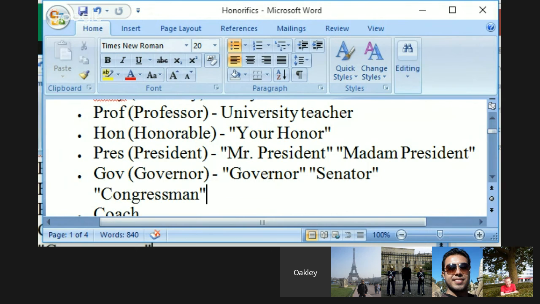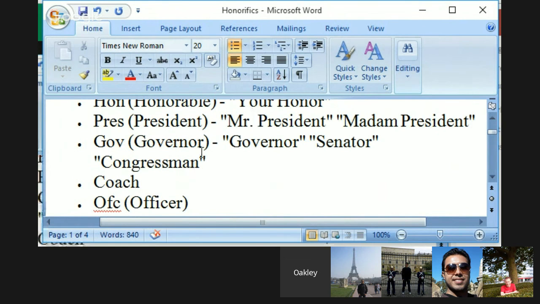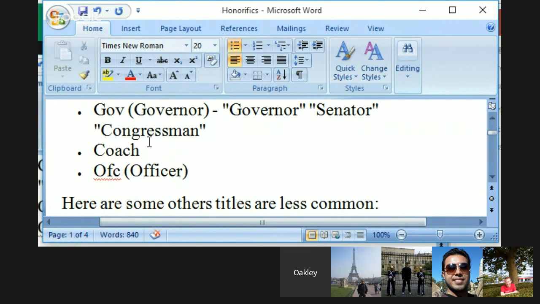Formally, you would say their entire name after any of these honorifics. But if you're talking to them directly, you would just call them by their actual position. It's only president that uses the extra honorific. Just in case you ever get a chance to meet a senator or a congressman, that's how it's done.